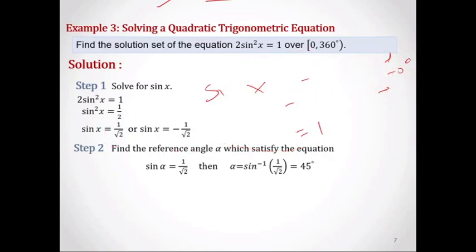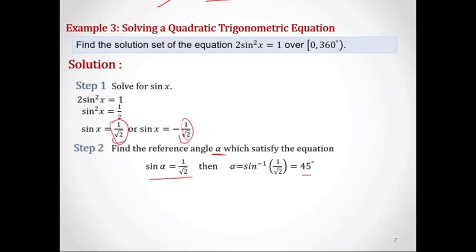So let's look at the reference angle of these equations. In both cases, you take the positive part, and the reference angle will be the same for both. Sine alpha equal to 1 over square root 2 means alpha equal to 45 degrees in both cases.